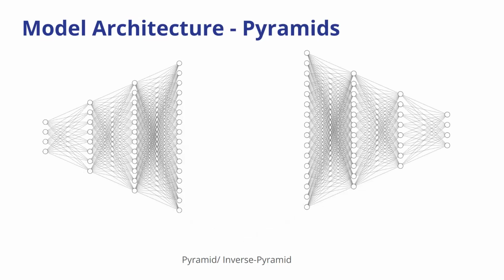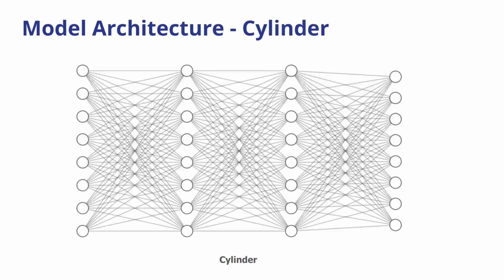For the pyramid, you start with few neurons and then you increase, and the inverse one is you start with a large number of neurons and then you decrease. I think the images are kind of self-explanatory. This is the cylinder one, where you keep the same number of neurons for the whole architecture.